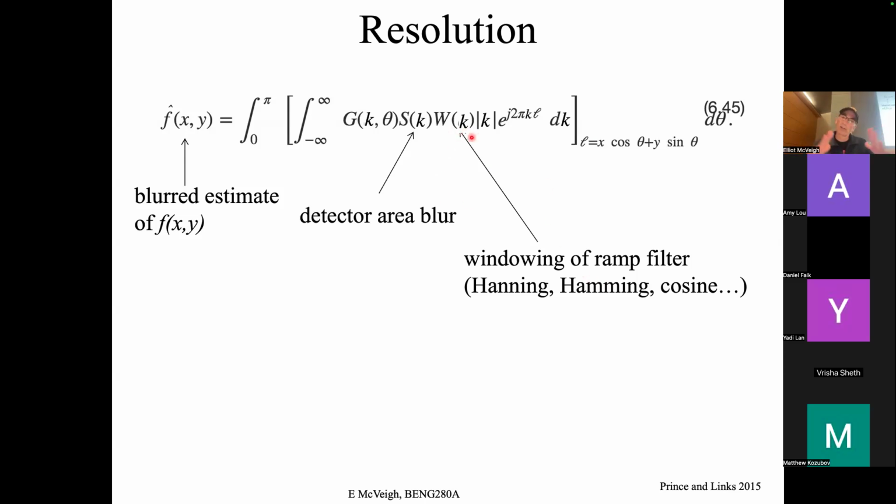If W goes to very low values as we move out in K, more aggressively, that smooths the image a lot because the high frequencies aren't admitted. And then S of K is the detector area blur, which basically is proportional to the width of our detector element.